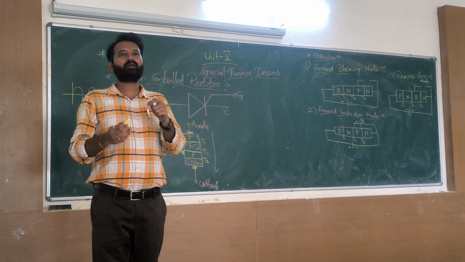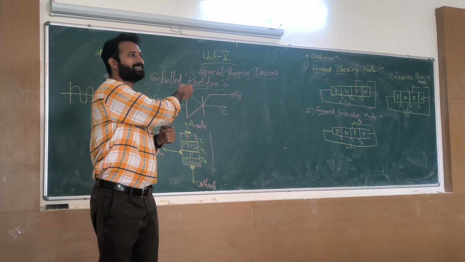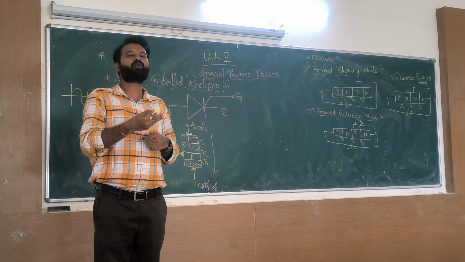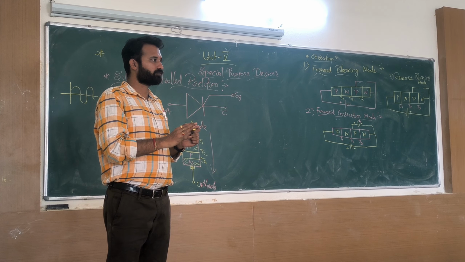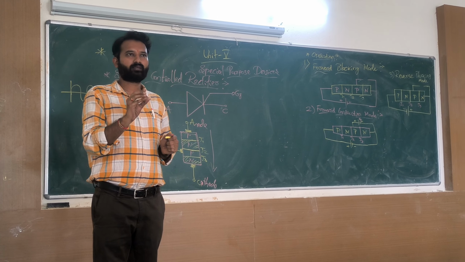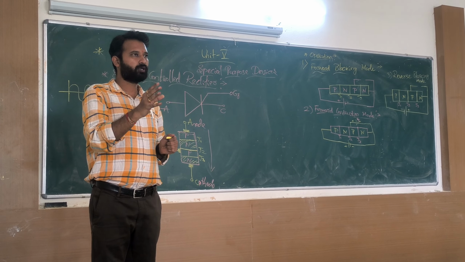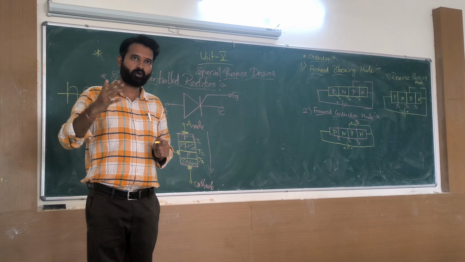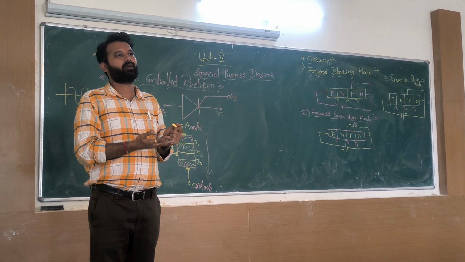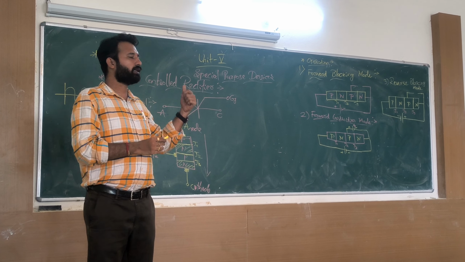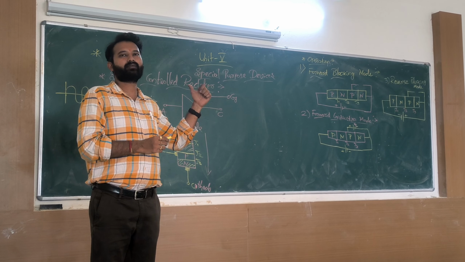There they will use this SCR to control the flow of AC. For example, sometimes power will go, you will have a dim light at home. Sometimes the brightness will be more. There is a fluctuation in your AC. That can be controlled by a silicon controlled rectifier.